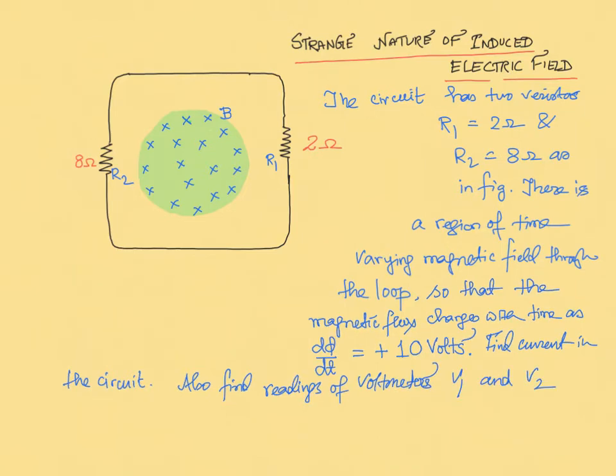Now I'll draw V1 and V2 here. There is a voltmeter V1 across the resistance R1, and another voltmeter V2 across the resistance R2. So what will be the reading of these two voltmeters?